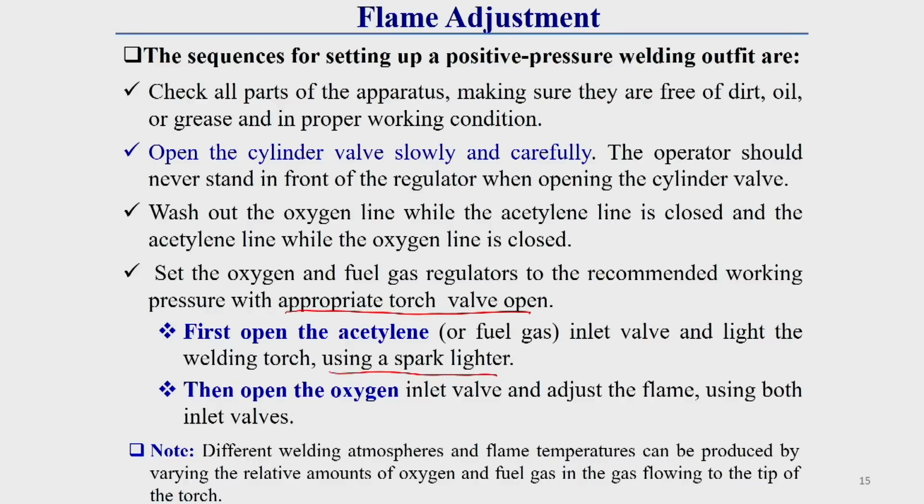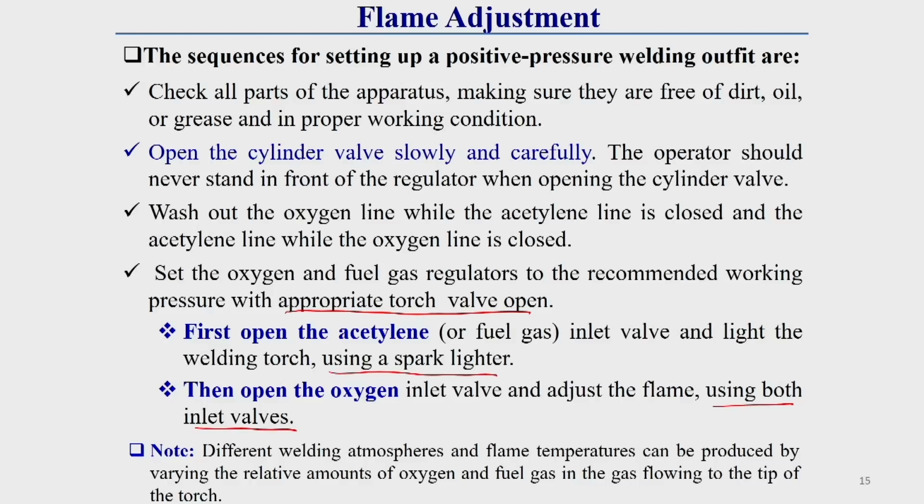At that time, when the flame starts, there is no oxygen supply from the oxygen cylinder. In the second stage, we open the oxygen inlet valve and adjust the flame using both inlet valves. So the flame is first started by the fuel gas only.